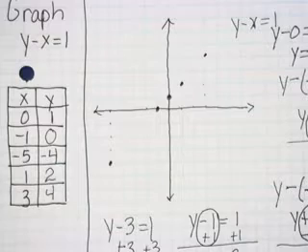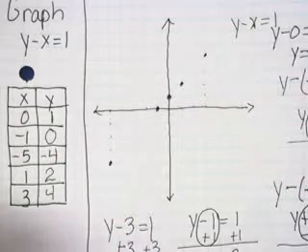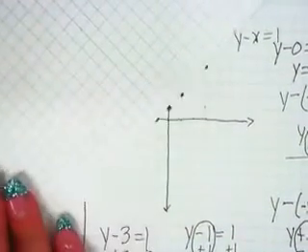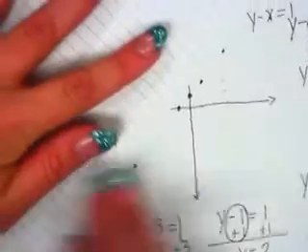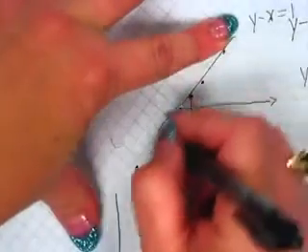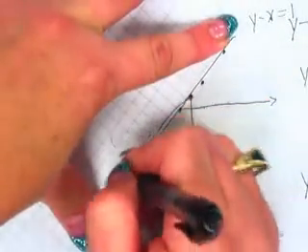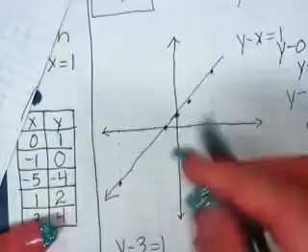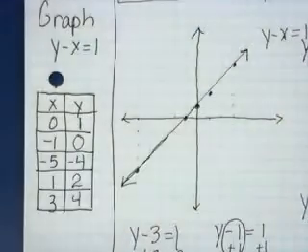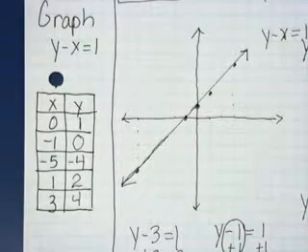Get yourself a straight edge if you don't have a ruler, and line them up. And make sure when you draw the line, not very neat, that you have the arrows on both ends, because that line is never ending. It goes on forever.